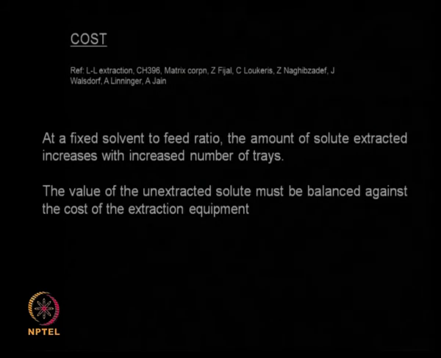So it depends upon the price of the solute, is it a very value added chemical or is it a bulk chemical. So if I have a very cheap solute which I need to extract, there is no point in adding an extra stage or another extra liquid extraction system to extract as much as possible, because the cost of the equipment may be much higher than the amount that is being extracted.